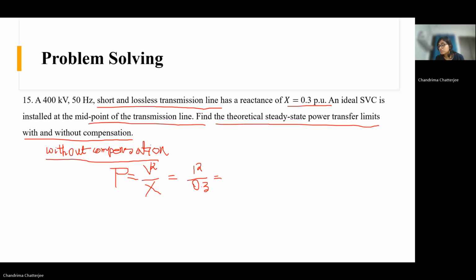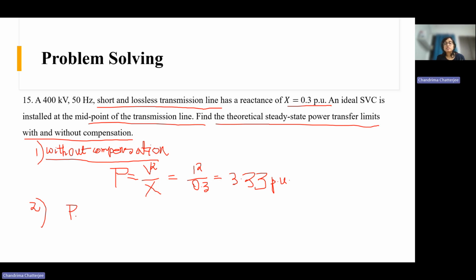Divided by 0.3, this is 3.33 per unit. This is without compensation. And with compensation, it's very easy, just multiply it by 2.